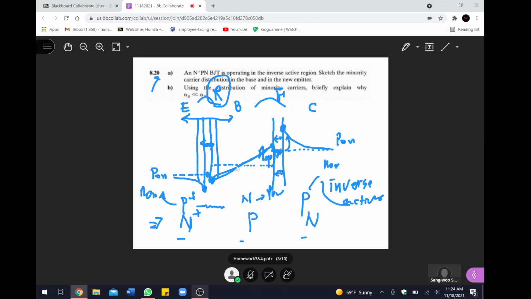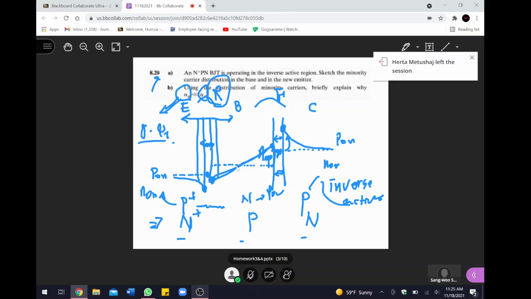Second one is now asking about this alpha value. The alpha value is related with injection efficiency and the base transport factor. So the base transport factor is related with this alpha, this gain parameter.